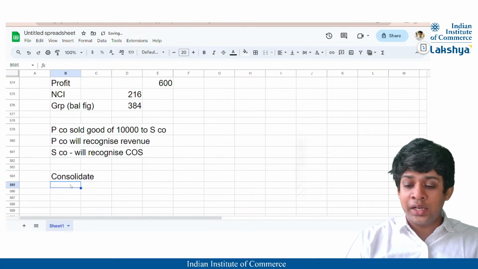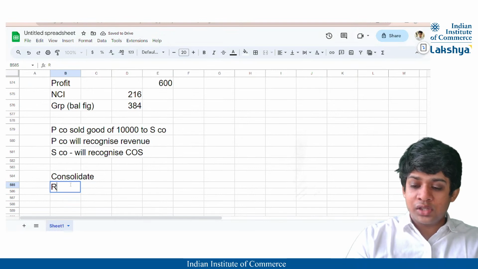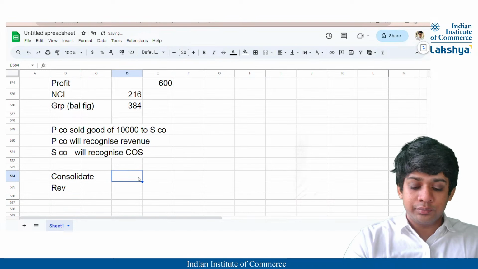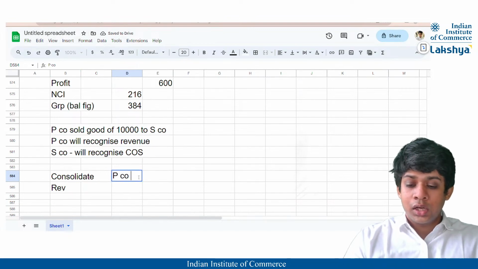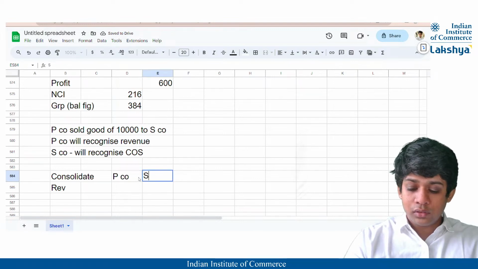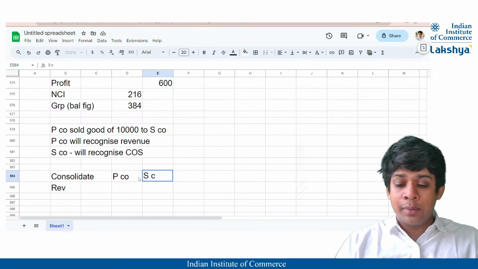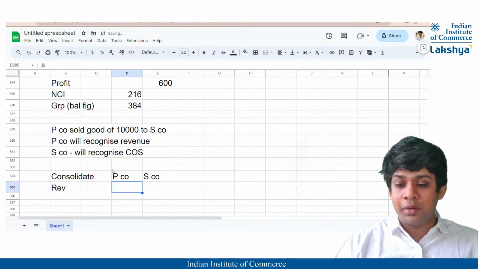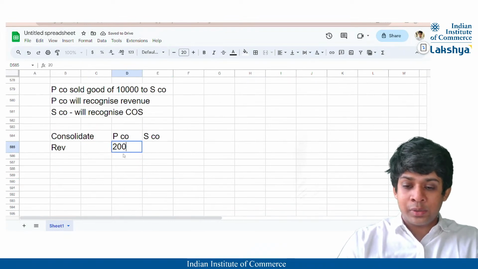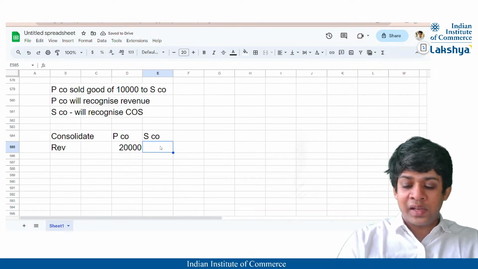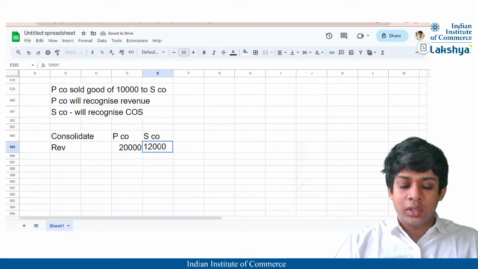So when we are consolidating, there will be revenue stated of P company and also of S company, correct? Now maybe say the revenue of P company was 20,000, okay? And the revenue of S company was 12,000, right?